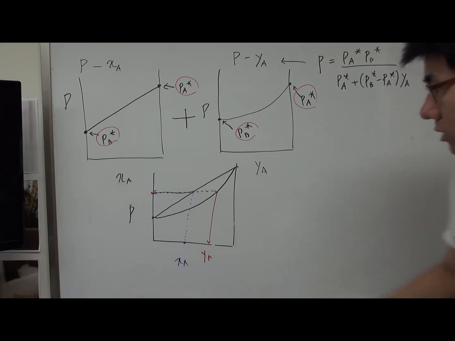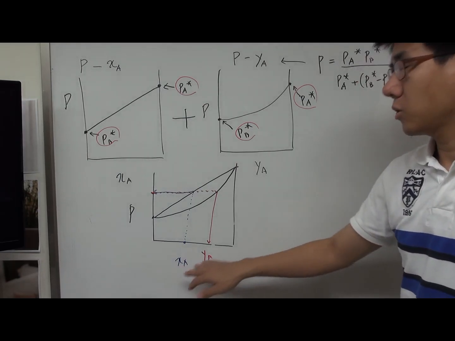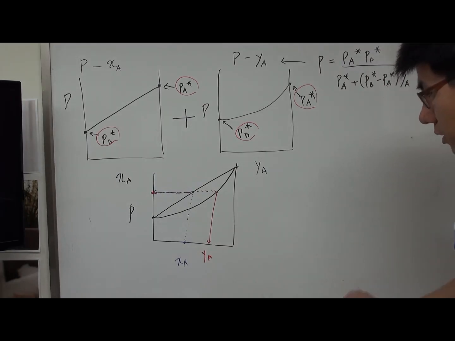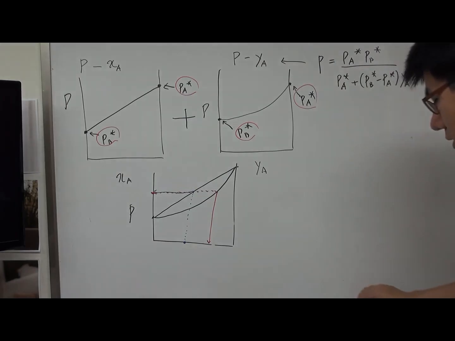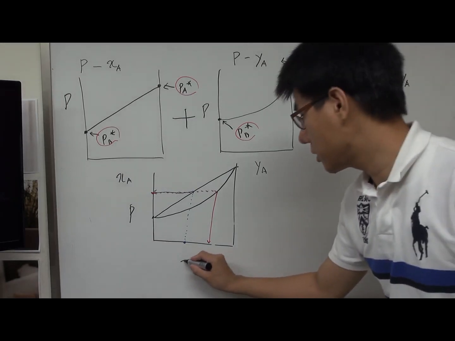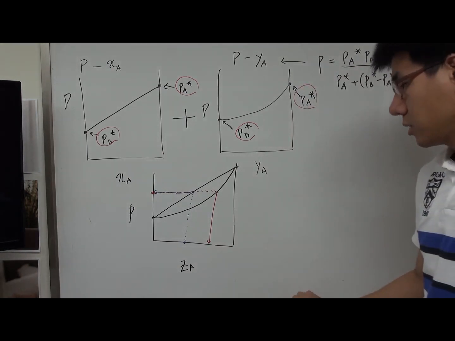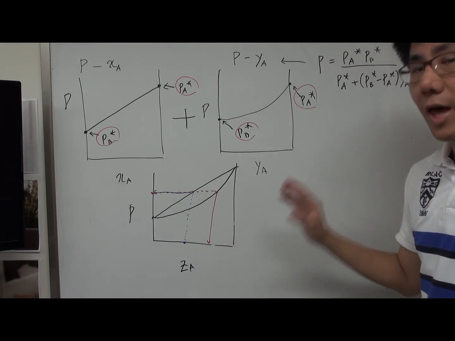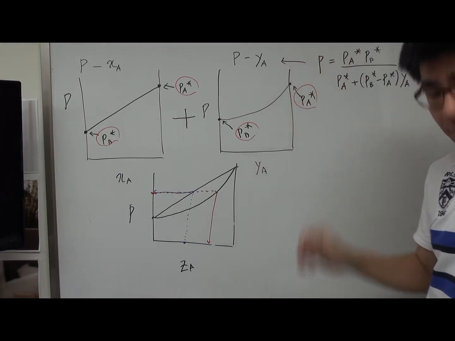Then, instead of using mole fractions in the liquid or gas phase, let's combine it. Let's use the x-axis of this diagram as total composition, ZA. ZA is the total composition of A in the liquid and in the gas, totally, right?